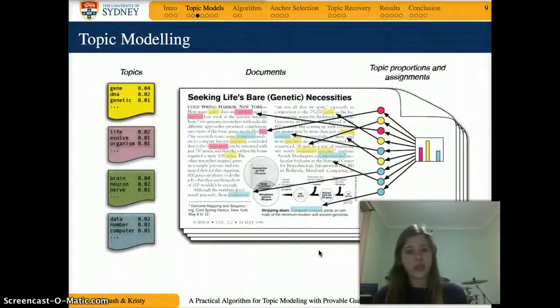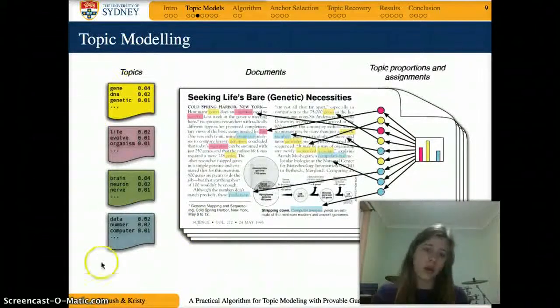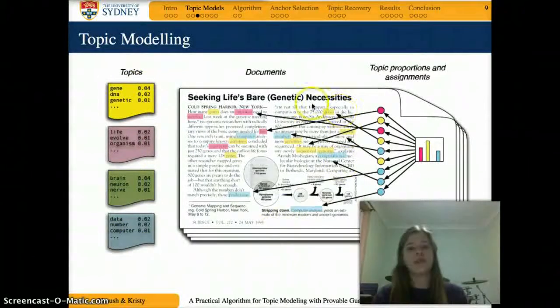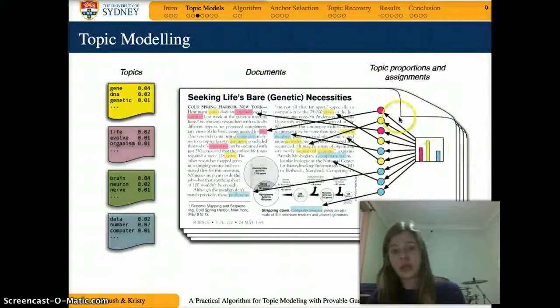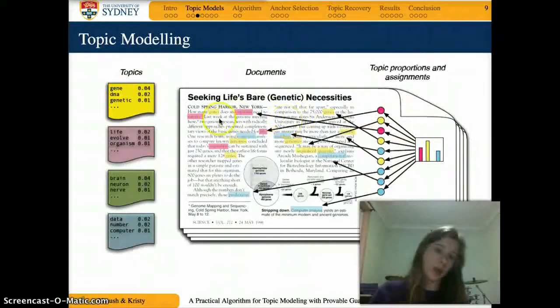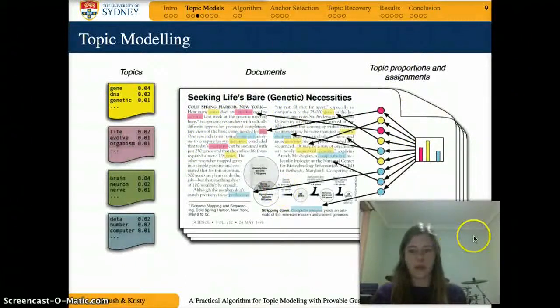So we have these topics here, which are distributions over words. We have these documents, which are distributions over topics, and these distributions over topics are created by randomly picking out a topic and randomly picking out a word and generating it in that way.